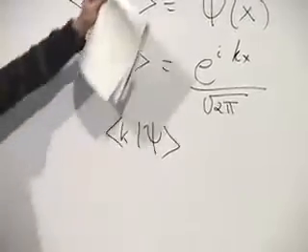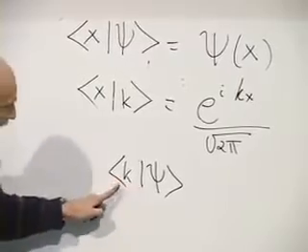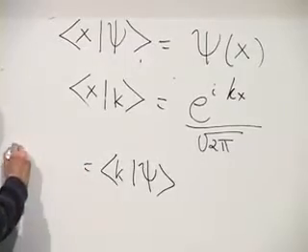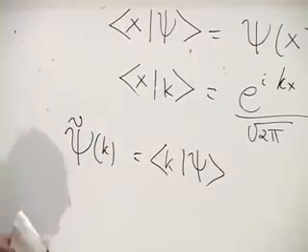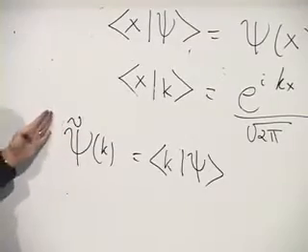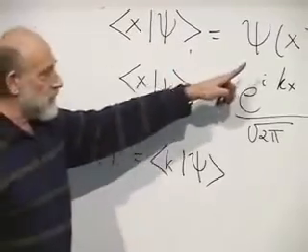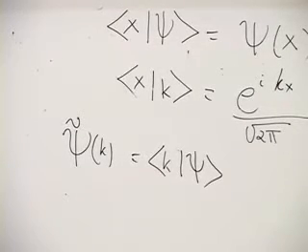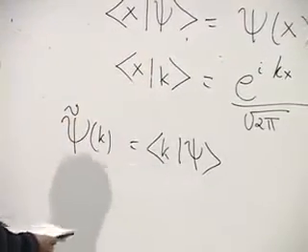K, of course, being related to the momentum by a factor of h bar, which I will ignore. The inner product of psi with k, quantity squared, multiply this by its conjugate. Let's call it psi twiddle of k. It's the thing that you square to find the probability for different momenta. I put the twiddle up here to indicate that it's not just psi of x, it's a wave function that depends on momentum, not on position. Its square is the probability that the particle has different momenta, if I were to measure the momentum instead of the position. Okay, let's calculate that.